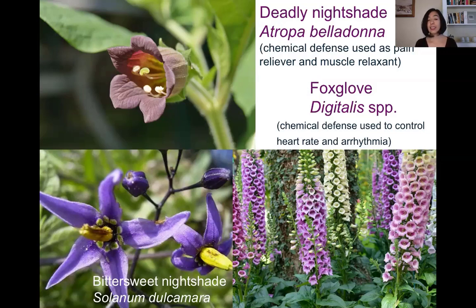But in the case of tobacco, it can function as a stimulant in humans. This plant here, foxglove or Digitalis species, produces a chemical that is used to control the heart rate and arrhythmia.